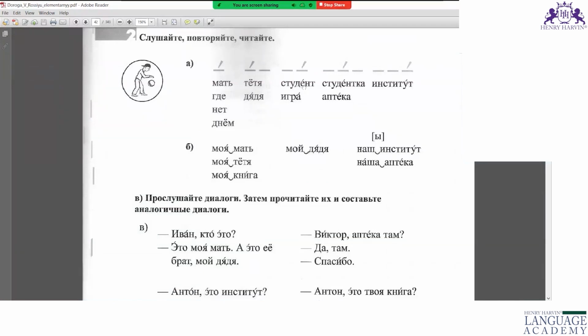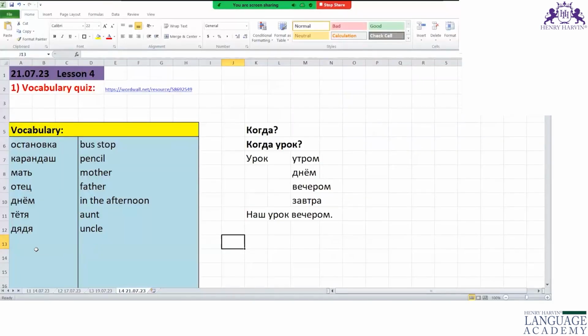Okay, next we have студент. And here we have студентка. So we have the suffix ка for female professions. Like here, student, студентка, студент, студентка. Again, let's write it down just to elicit that suffix ка for females. Студент и студентка.